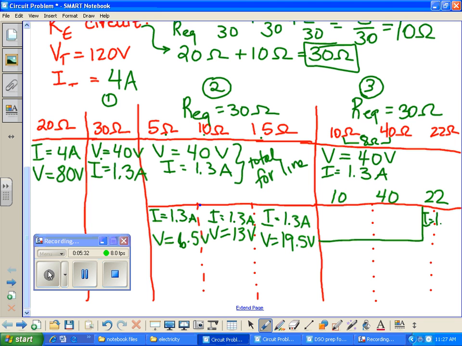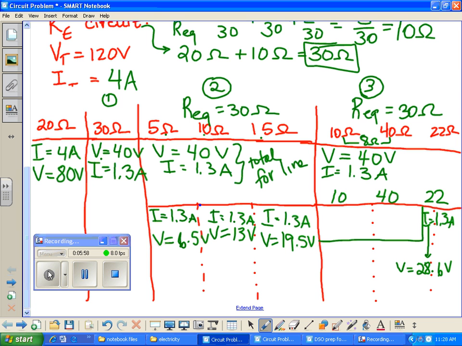So the current here has to be 1.3 amps. I can then solve for how much voltage I spend at that particular resistor. Again, I'm using Ohm's law, and I figure out that I spend at the 22 ohm resistor a voltage equal to 28.6 volts.